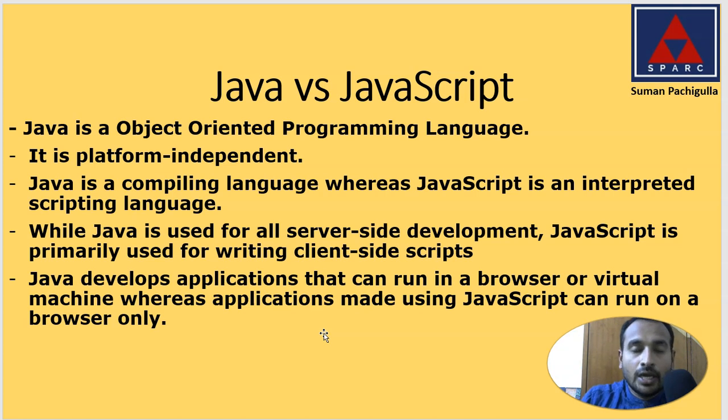If it is made for Windows, then it only works for Windows. For Unix it won't work. It has to be converted so that the system can understand it in that particular operating system. That's what the difference is.